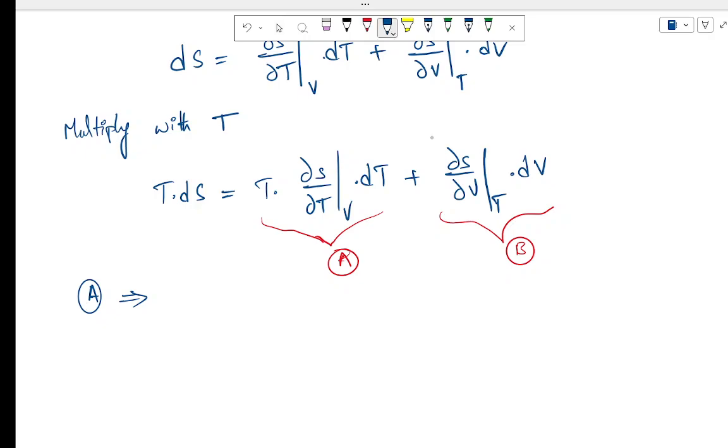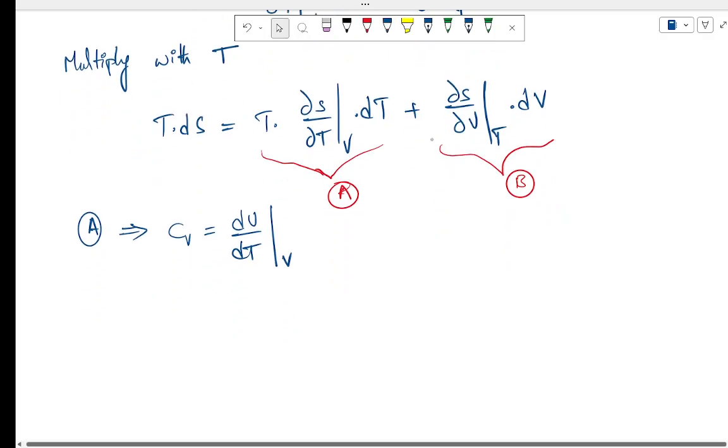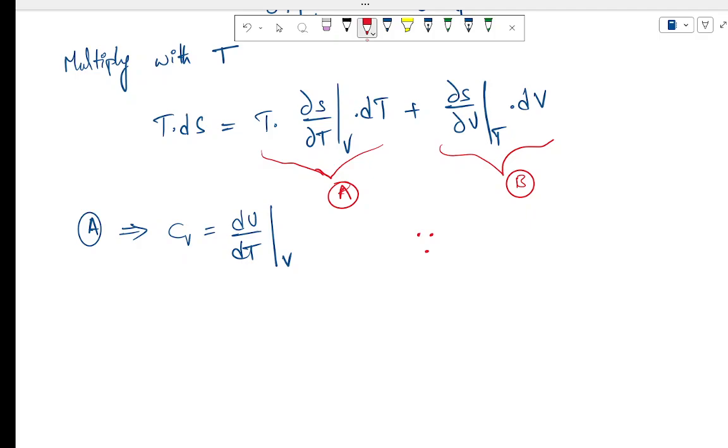By definition, Cv is ∂U/∂T at constant volume; Cv is defined for the constant volume process. This Cv can be transformed in terms of dS. For that, I will again make use of the first law of thermodynamics: dQ is equal to dU plus dW.